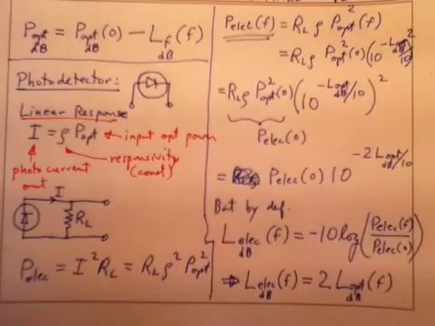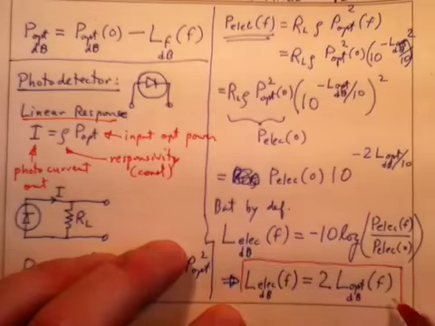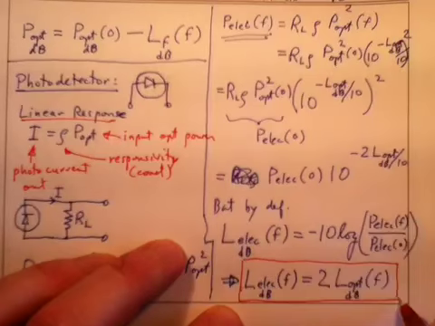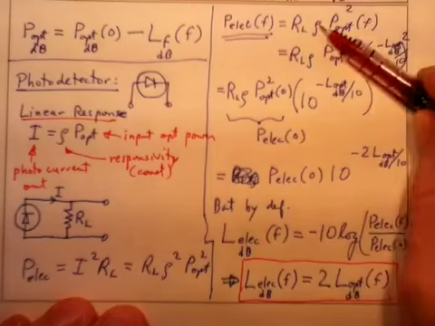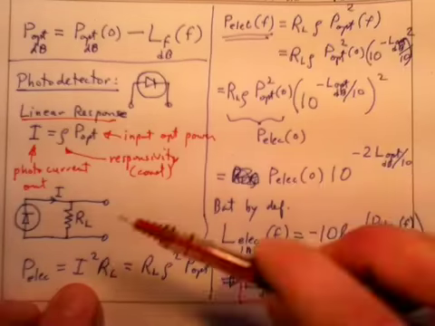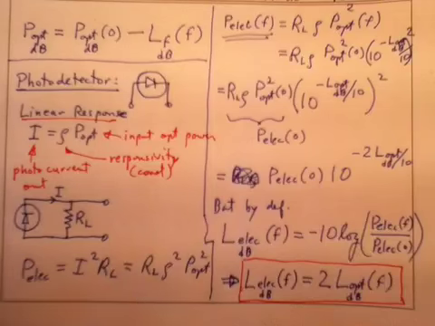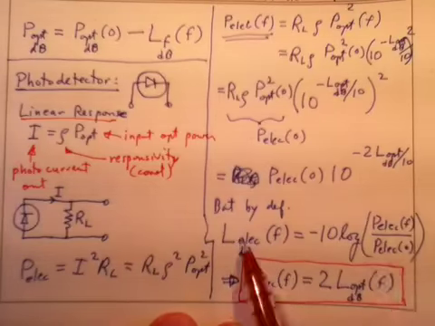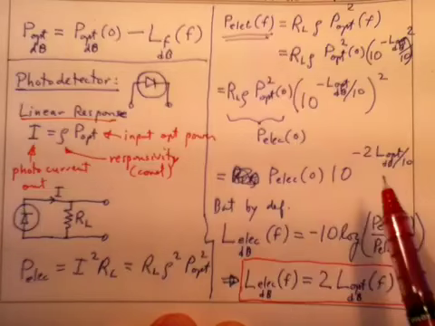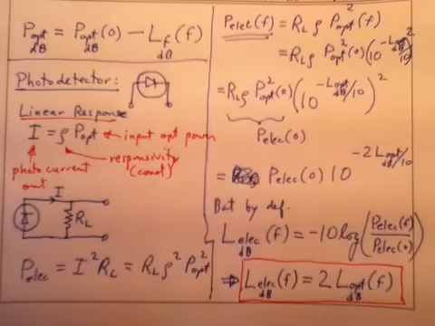And where does that 2 come from? That 2 comes from the fact that I've squared the optical power times the responsivity to get the output current. It comes from the square of the photocurrent, essentially. So I hope you can see that these two equations allow us to make this identification. Okay, thanks.